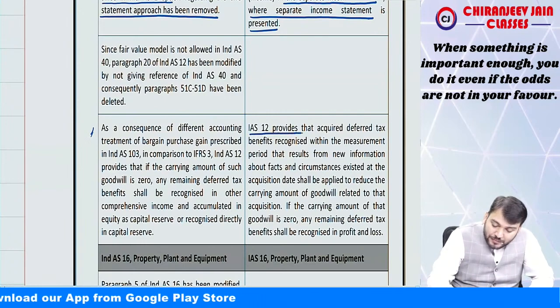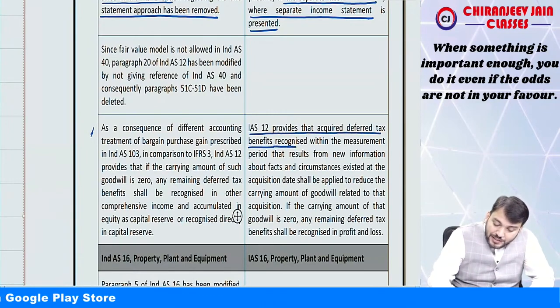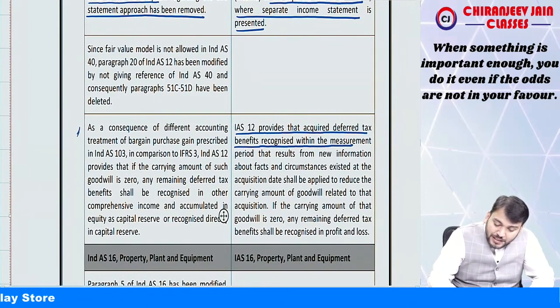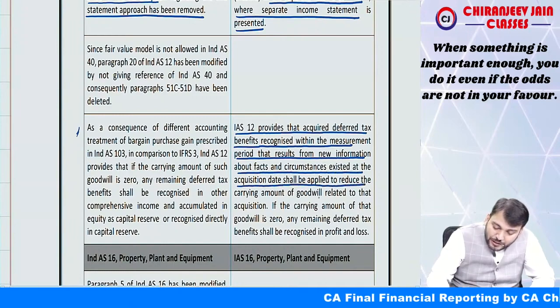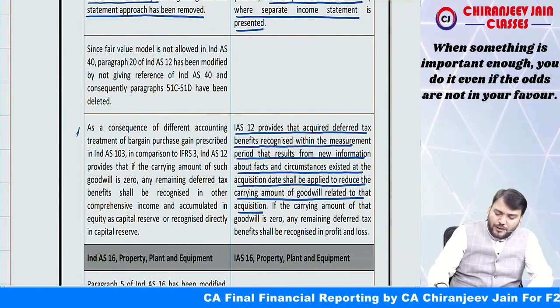IAS 12 provides that acquired deferred tax benefit recognized within the measurement period that results from new information about the facts and circumstances that existed at the acquisition date shall be applied to reduce the carrying amount of goodwill related to that acquisition. I hope you have understood this point.